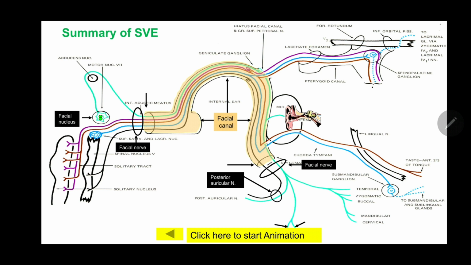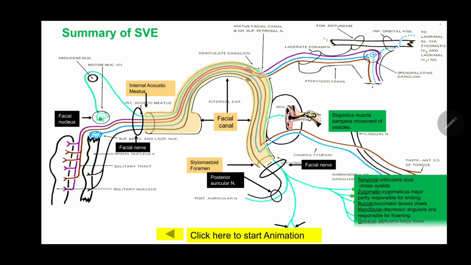Now the summary of the special visceral efferent functional component. Here I have shown you all of them. Just concentrate on this and have a look here. One by one it will be explained to you. This was for the stapedius, right? And then it is for the terminal branches. All of them reach to supply the different muscles of facial expression. All of them have been explained.